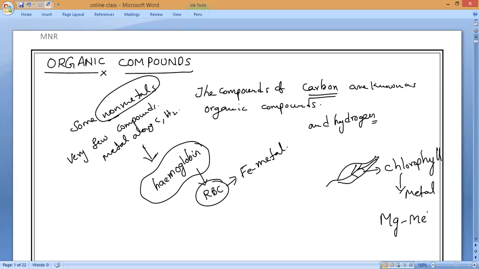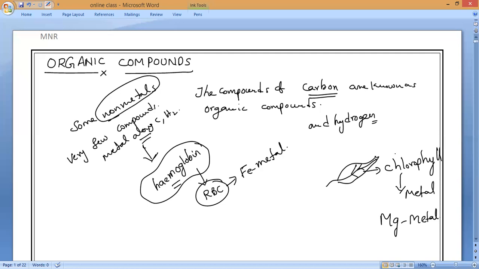What do you mean by Mg? Magnesium. So most organic compounds contain carbon and hydrogen and a few other non-metals, but very few contain a metal along with the carbon and hydrogen. Examples are hemoglobin and chlorophyll.